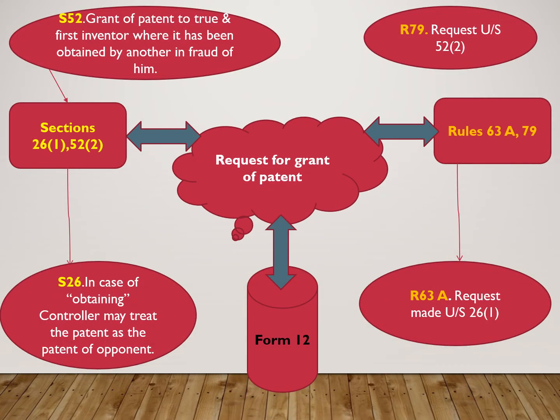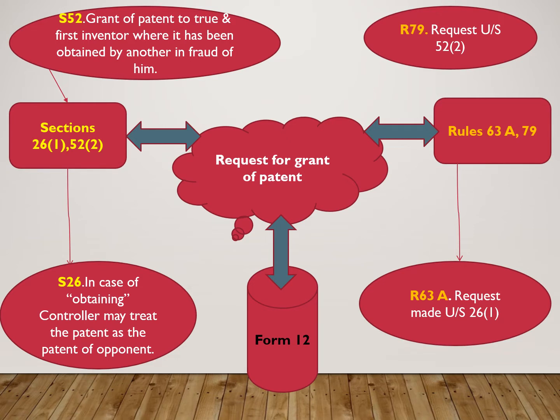So the next form is form 12. The title is Request for Grant of Patent. Fine. And here the related sections are 26 and 52, and related rules are 63A and rule 79. So what are these sections? Section 26 subsection 1 and section 52 subsection 2.